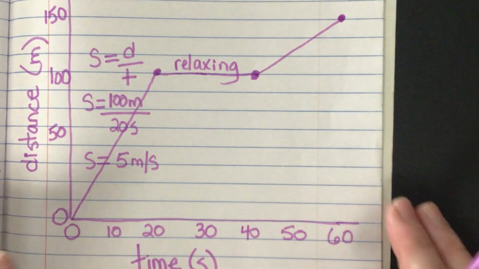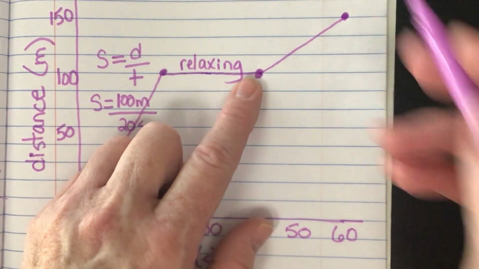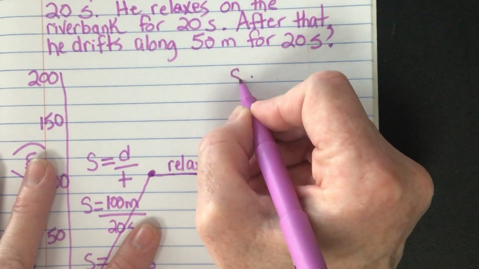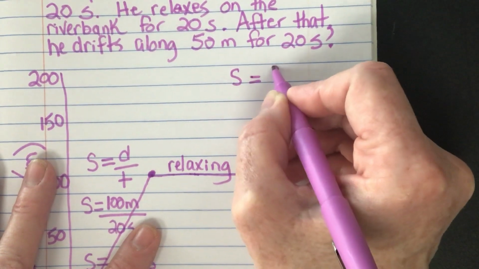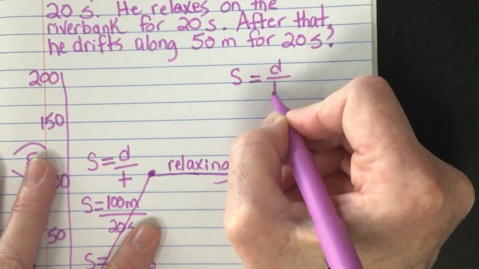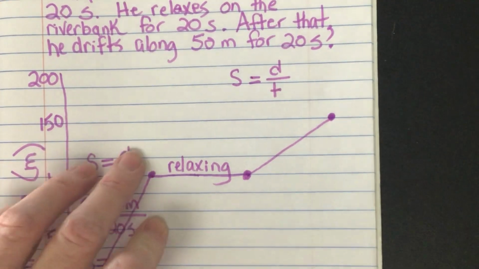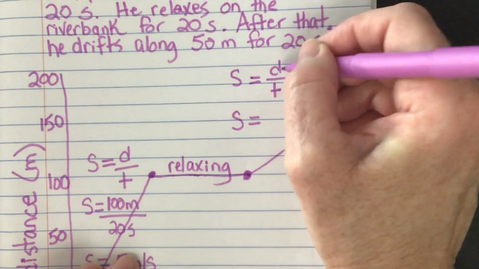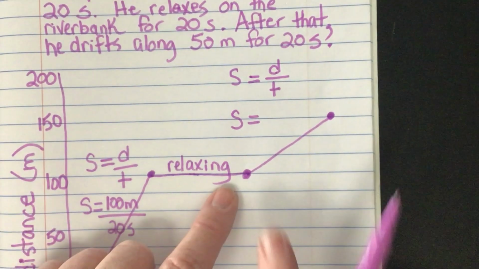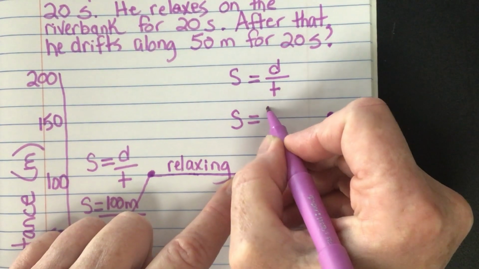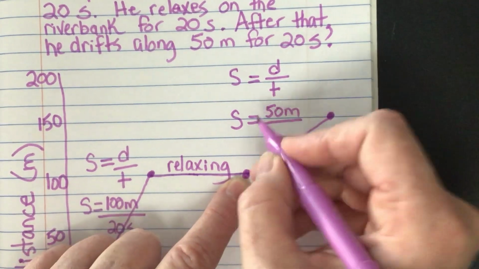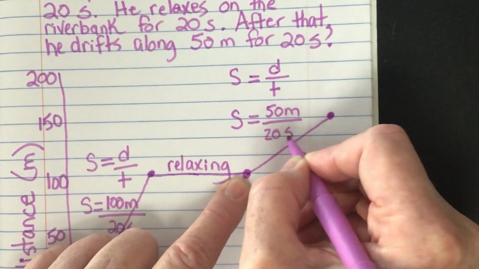All right, now we're going to write again, speed is equal to distance over time. This otter went 50 meters in 20 seconds.